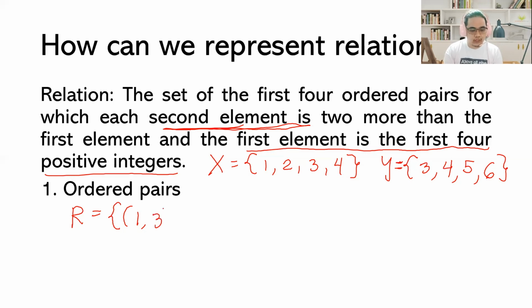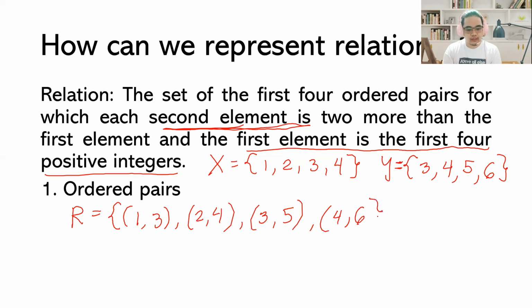So we have (1, 3), (2, 4), then for 3 the partner is 5, and for 4 the partner is 6. That's how you write the given relation using ordered pairs.